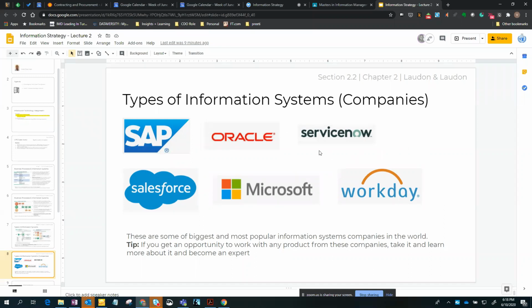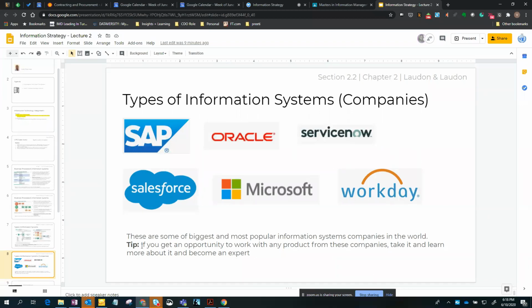ServiceNow is the most dominant company in what we call IT service management. So if you join any organization as an IT analyst, or ICT analyst, then sooner or later you will come across ServiceNow.